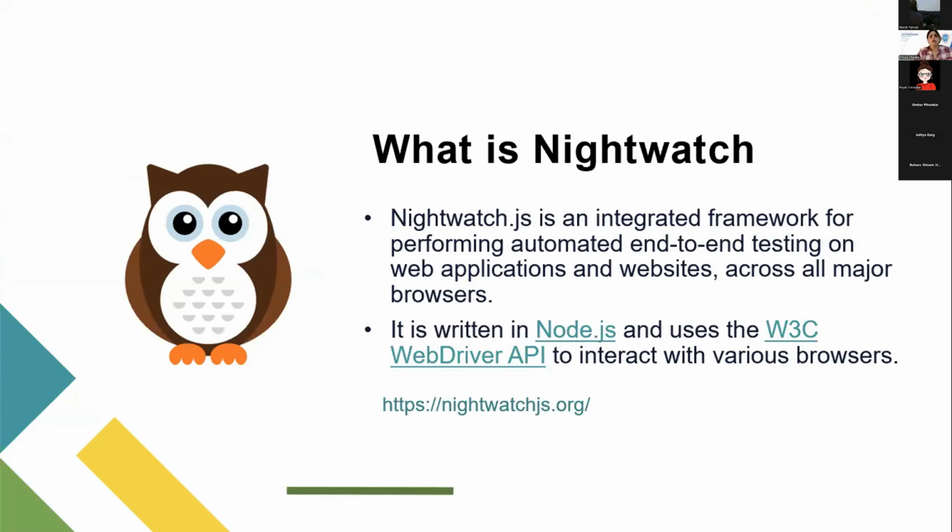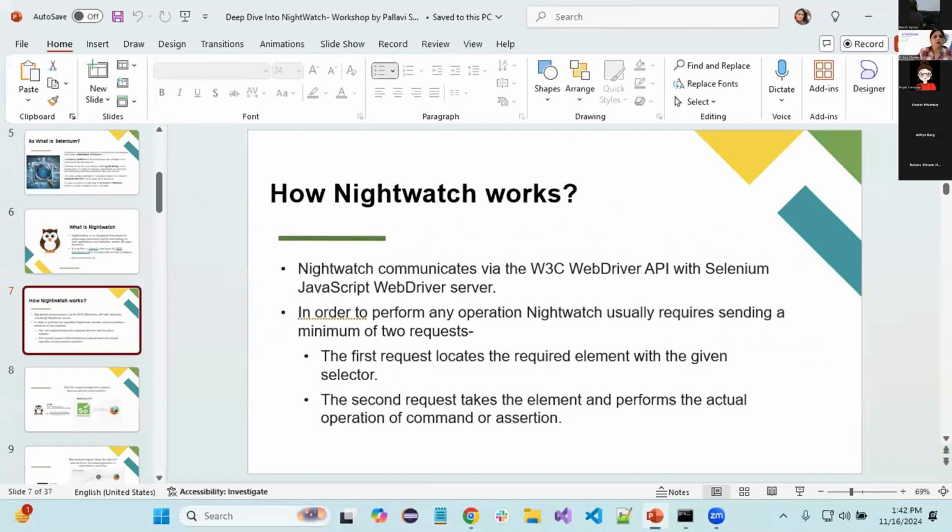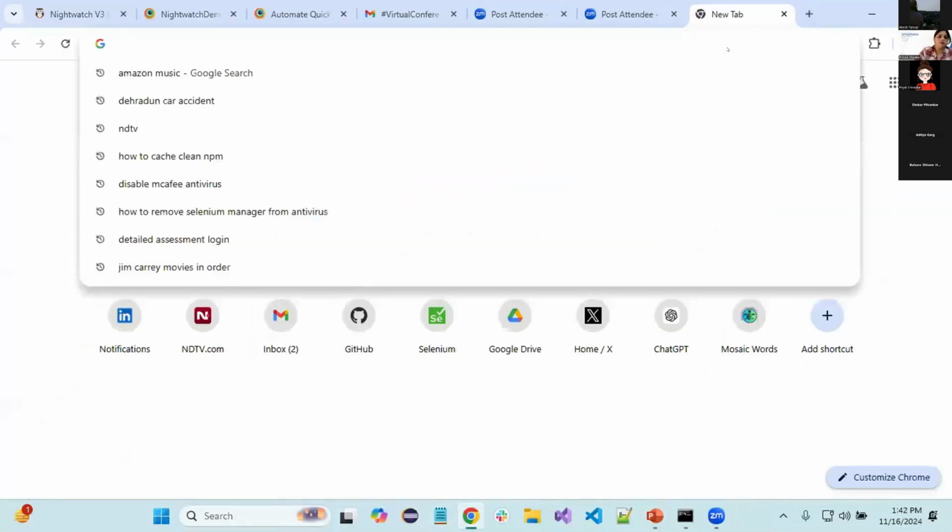So what is Nightwatch? Nightwatch is an integrated framework to perform automated end-to-end testing of your web applications and websites across all major browsers and mobile devices. It is written in Node.js and it uses the W3C WebDriver API to interact with the various web browsers. We will quickly have a look at the Nightwatch website because that's important.